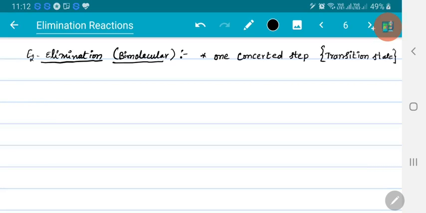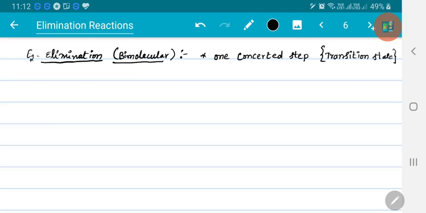Now for SN2 reactions, what happens? The nucleophile must have good nucleophilicity. Then the nucleophile goes and attacks and makes the leaving group leave from the opposite direction. Here the base must be very strong because abstraction of hydrogen should occur first. Right? In the E1 mechanism, formation of the carbocation should occur first.